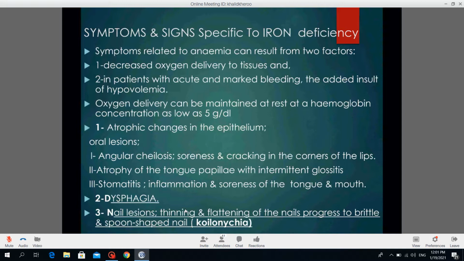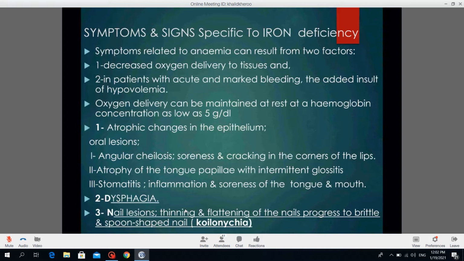Again, why does this occur? Because the iron is not only important for RBC production and hemoglobin, but it also enters into the other tissues like the nail, the hair, and the mucosa of the GIT. So patients who have dysphagia يصير عندهم نسمينه esophageal web، وهذا هو اللي يعمل لنا الديسفاجيا.